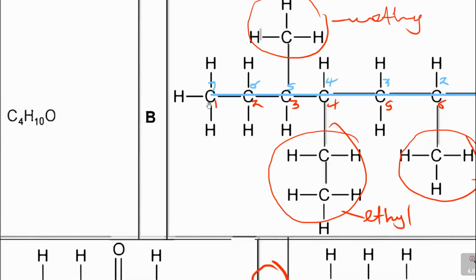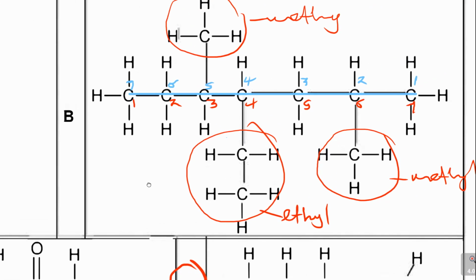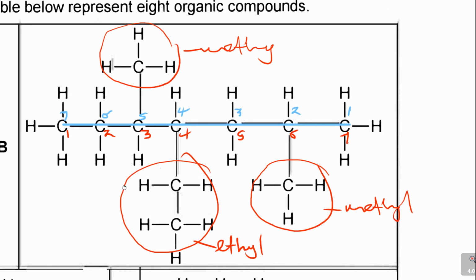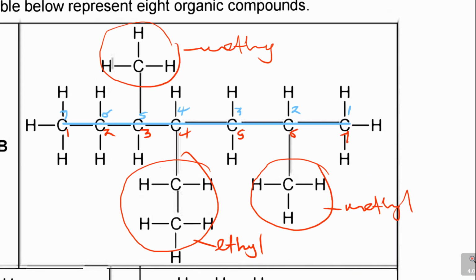Let's start with the one from left to right. Look at this. I have got in carbon number 3 a methyl, so comma. In carbon number 6, remember numbers you separate with a comma, so 3, 6, then hyphen, not methyl but dimethyl.